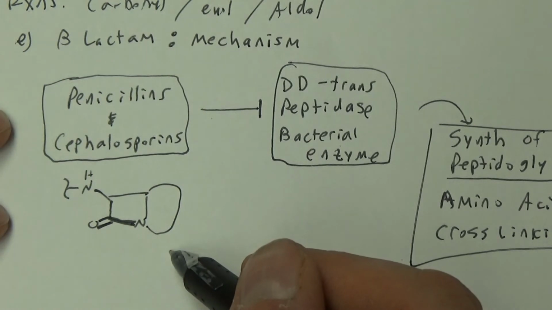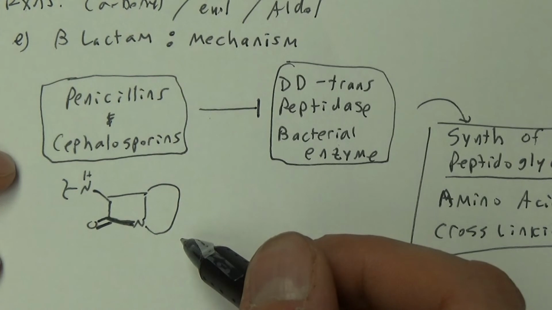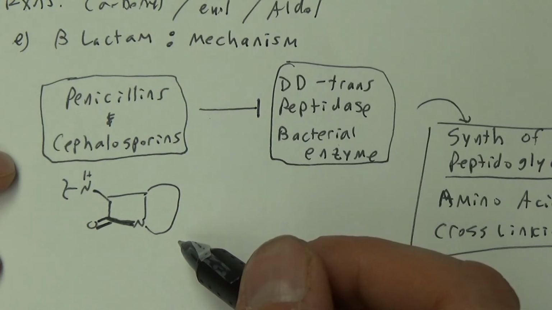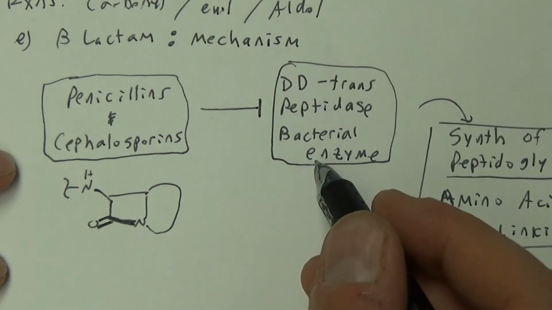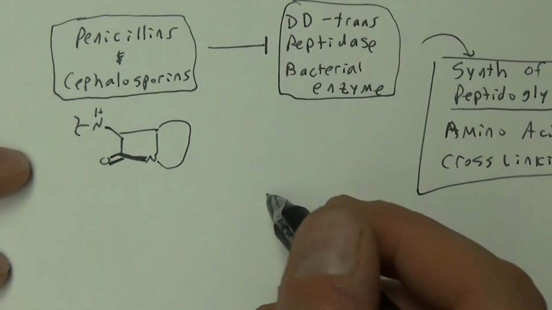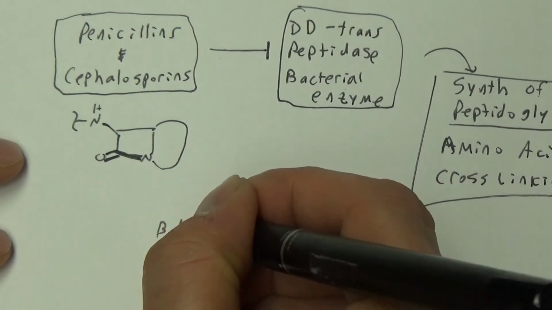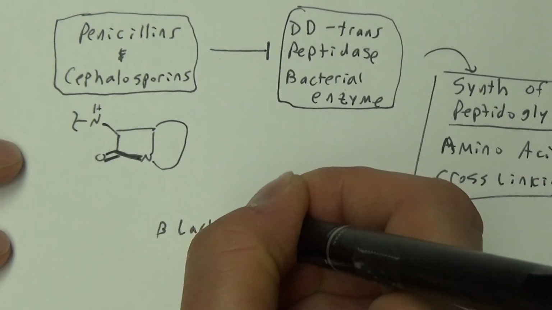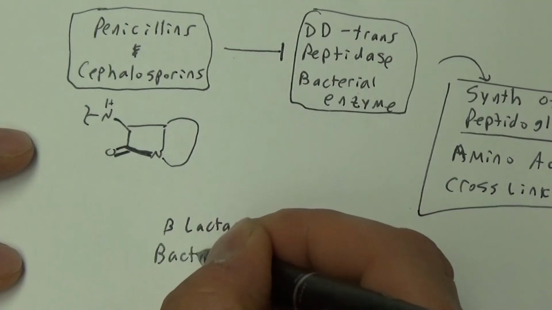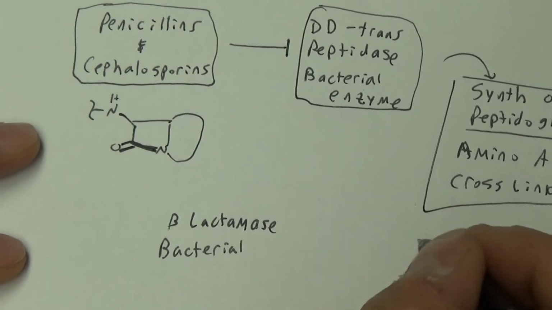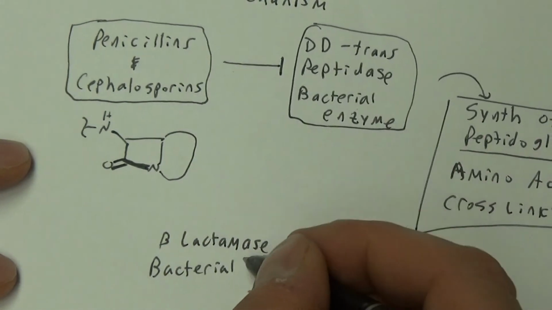So bacteria evolved to become resistant to these drugs, and there's a bacterial enzyme. This is one bacterial enzyme. Another bacterial enzyme called beta-lactamase, which evolved to destroy penicillins and cephalosporins.